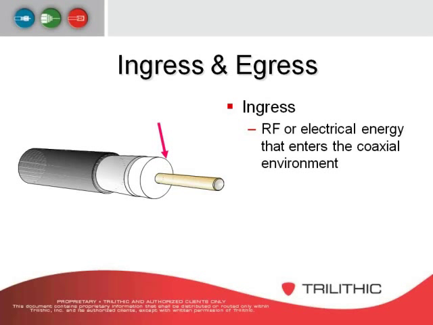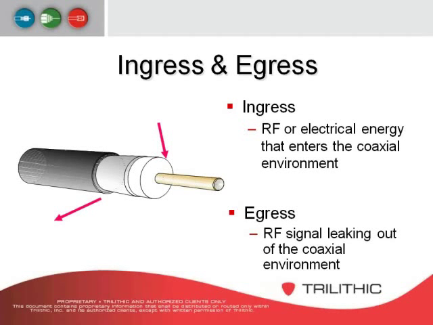So ingress is signals leaking in because that shield is violated. That particular shield cracked or is violated in some fashion or another. Egress is signals leaking out. That's what can be detected by your signal leakage detectors.